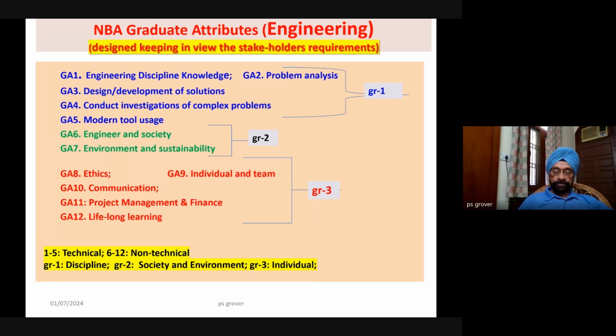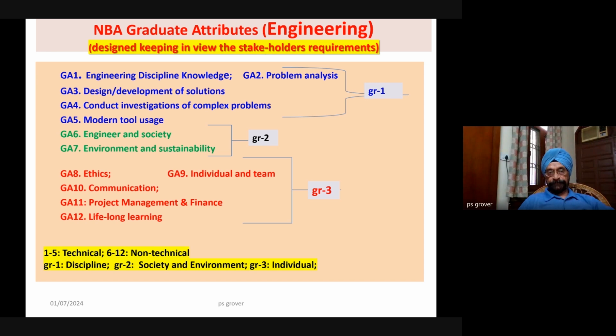That means we should train and educate our engineers to care for the society and for the environment, and so on. Then group 3, that is ethics, individual and teamwork, communication, lifelong learning, project management and finance, have commonality. For example, time management and finance management. These concern the individual engineer.